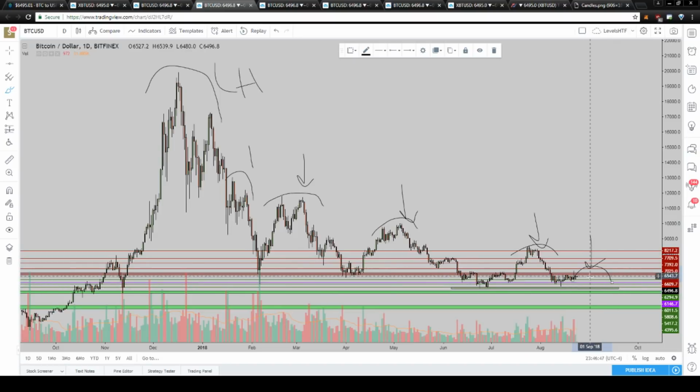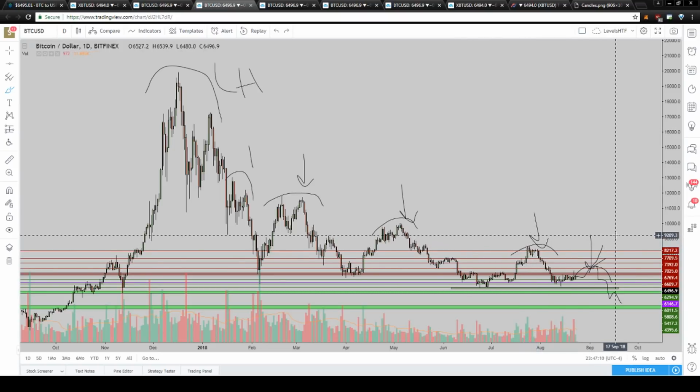And then maybe if we make another lower high, we finally break down. And if we go up and we make a new high, in my opinion, we're no longer in the bear market. We have now made a new high. Show me a daily close above here, and I'll say we're out of the bear market.